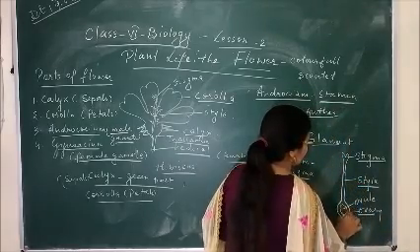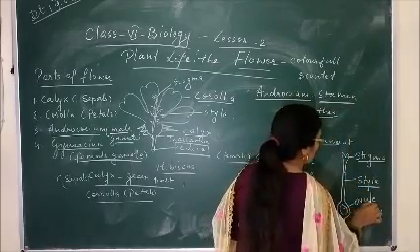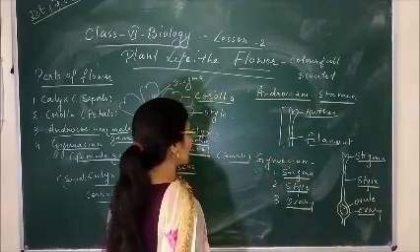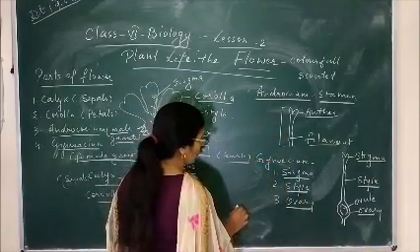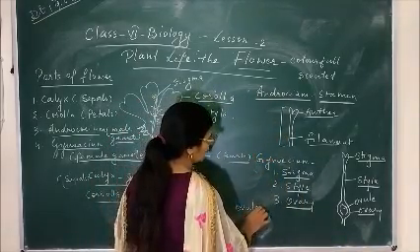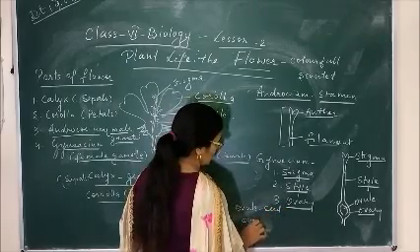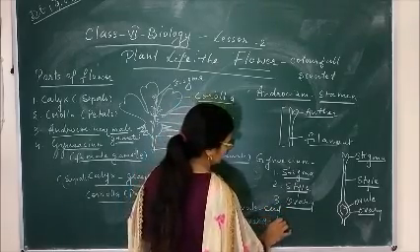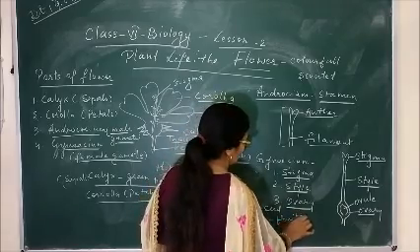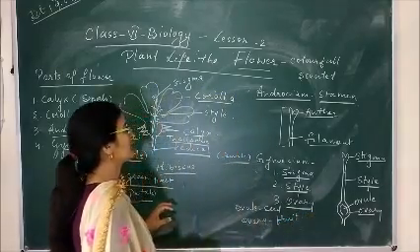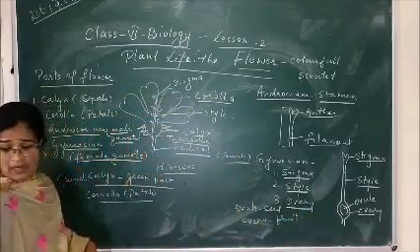Inside the ovary, there is another part that is called ovule. And during fertilization, what happens? This ovule converts into seed and ovary converts into fruit after the fertilization of the male and female gametes.